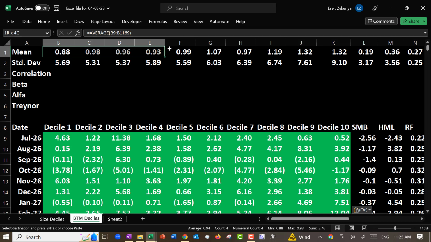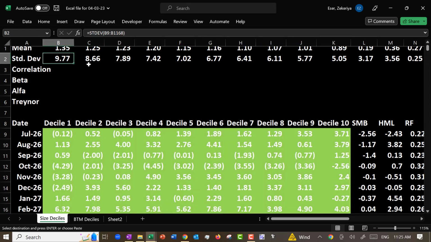Just looking at the raw returns, as you can see, there's a pattern here as well. Over the last 97 years or so, growth firms returned an average of about 0.9%, and the value firms about 1.4. It's a pretty big number.